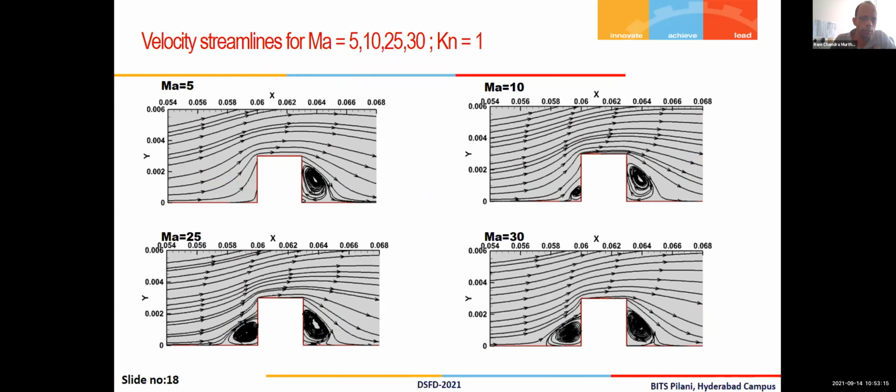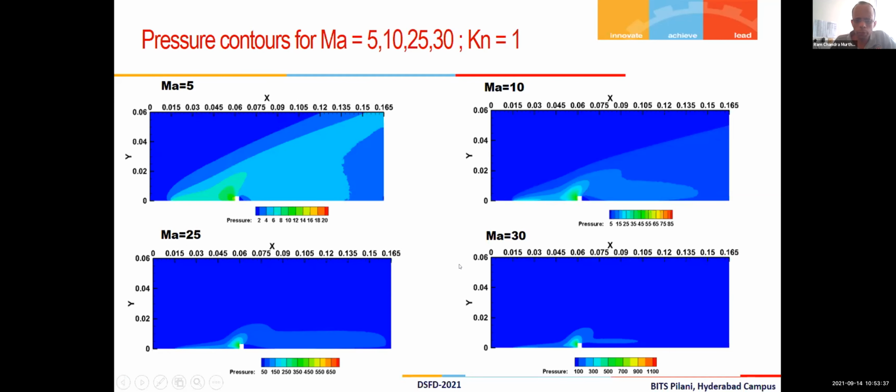And the same for the streamlines. For Mach number 5, we see that the flow is more like a laminar flow, where we don't have any recirculation at the upstream edge of the cube. Whereas for Mach number 30, we see a recirculation region developing more prominently as the Mach number increases. So these are the pressure contours.